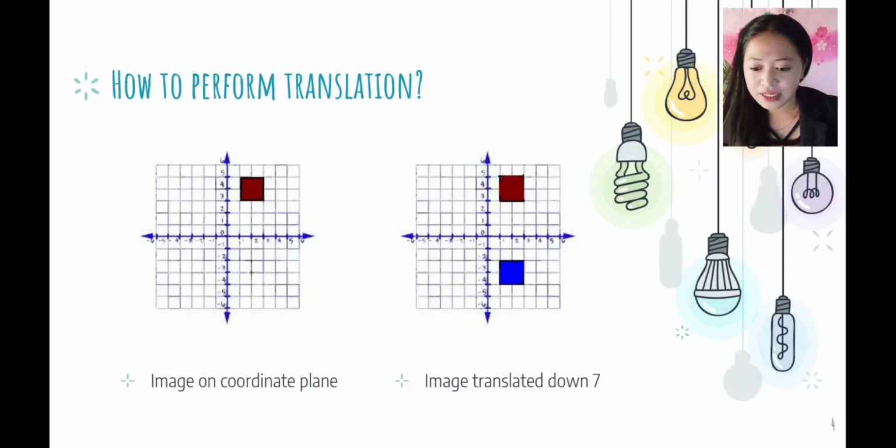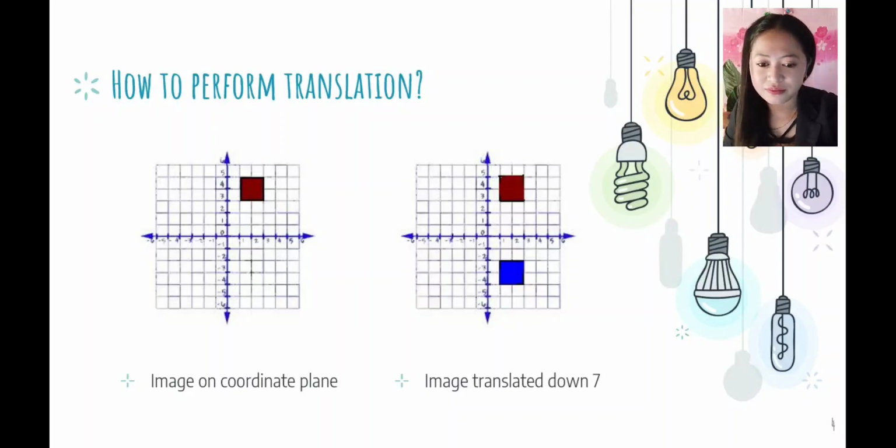The point at (1, 5) will move to (1, -2). Notice we did not move the vertex along the x-axis or horizontal direction. The instructions ask to move it down only, along the y-axis. Move the other 3 vertices in the same manner.